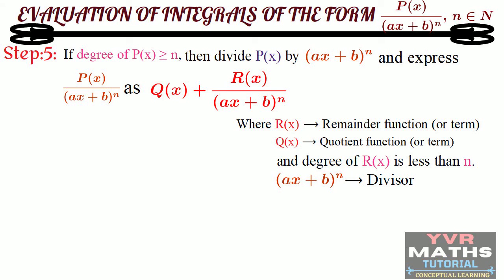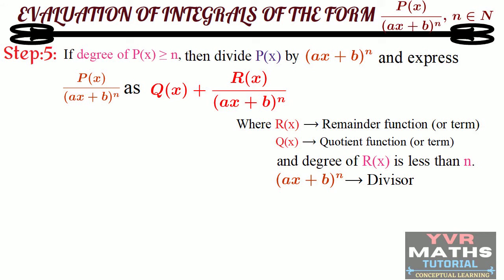If the numerator function degree is greater than the denominator function degree, then generally we will follow the long division method. After completing the long division method, the fraction can be written as quotient plus remainder by divisor. Here the remainder I mentioned as r of x, the quotient as q of x, and the divisor is (ax plus b) whole power n.